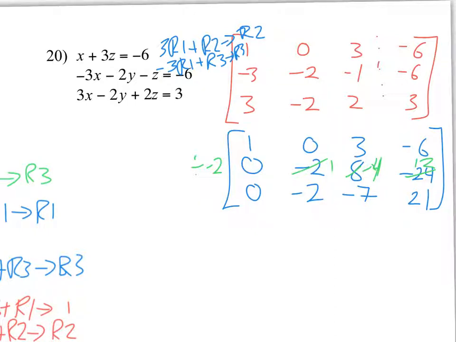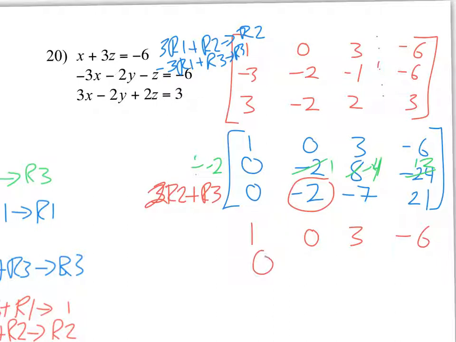Okay, to get rid of my next thing, which is that bottom negative 2, I'm going to take my newly minted row 2, multiply it by 2, and add it to row 3. So that's going to change just row 3.